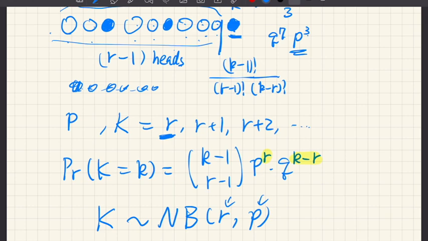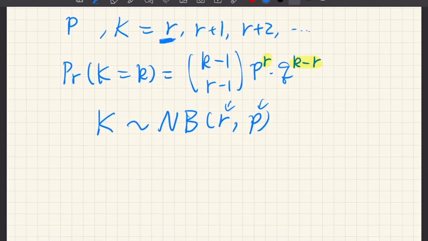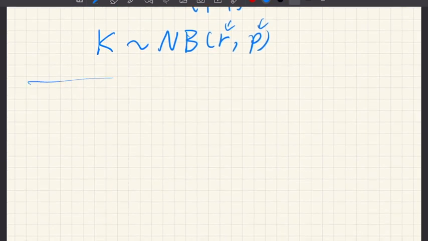Okay, why is it called negative binomial? To answer that, why is the binomial distribution called binomial distribution? So this name comes from the binomial theorem.